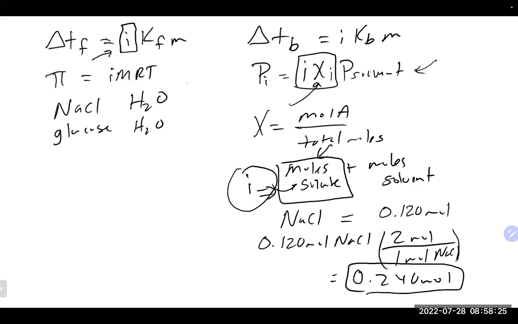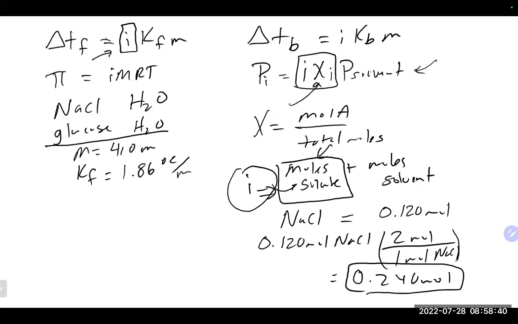So let's just say, for example, the molality in each case was 4 molal, and obviously Kf here would be 1.86 degrees Celsius per molal.